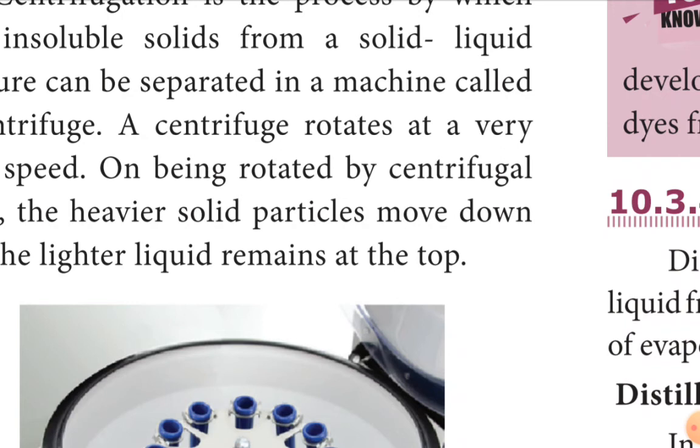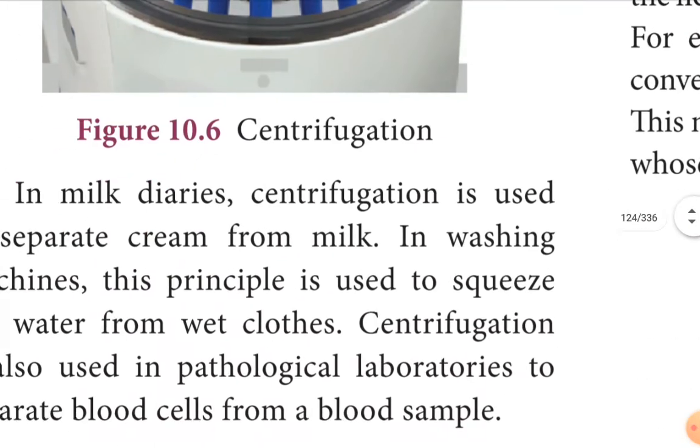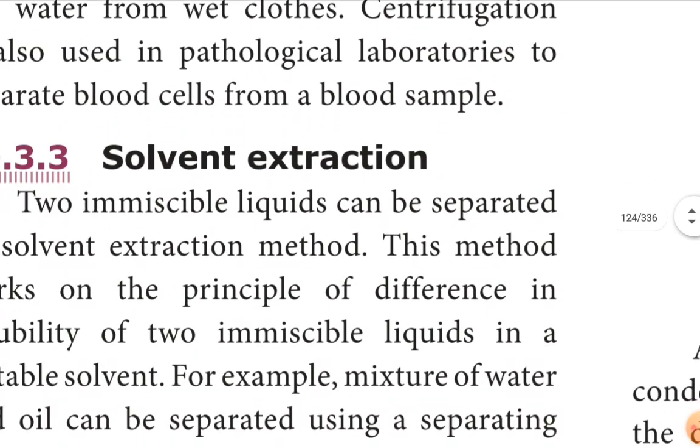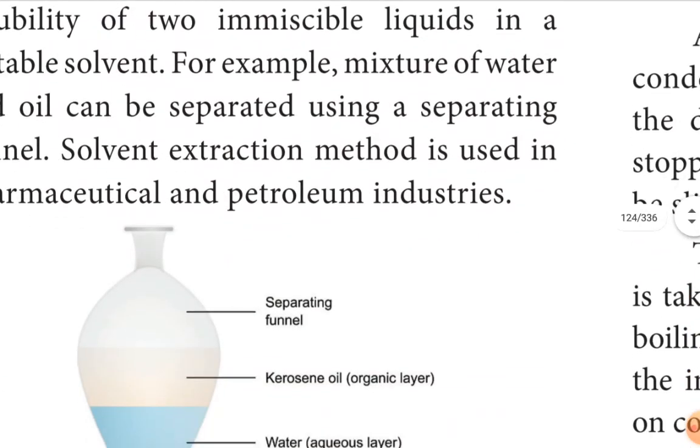The machine is called a centrifuge. This is used in dairies and washing machines, also in pathological labs. Then solvent extraction. This method is used to separate two immiscible liquids, for example, a mixture of water and oil.